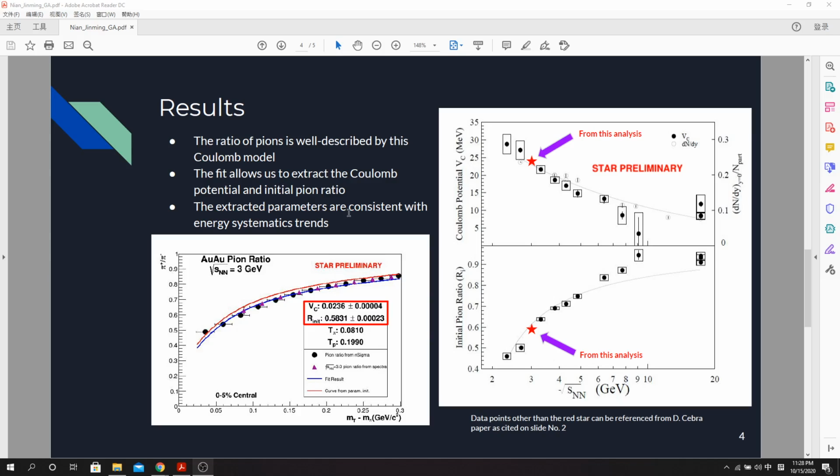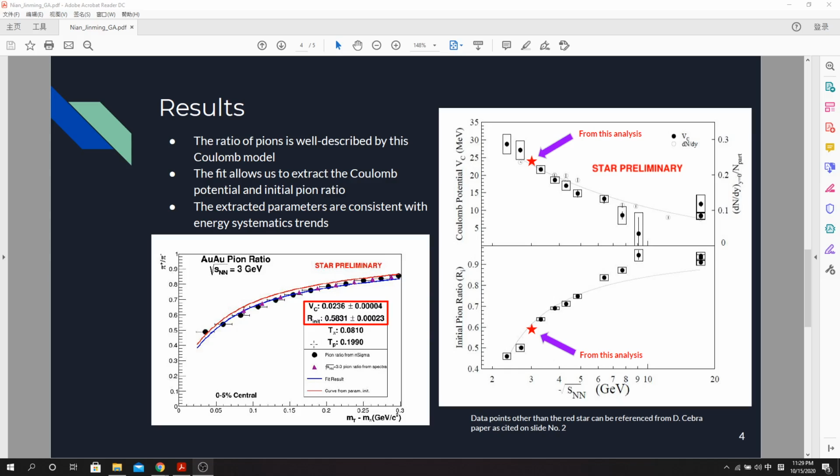Using ROOT, we fit the final ratio of pions, pi plus over pi minus, as a function of mT minus m0, while setting the Coulomb potential Vc and Ri, the initial pion ratio, as free parameters, and the pion and proton temperatures are set as fixed parameters.